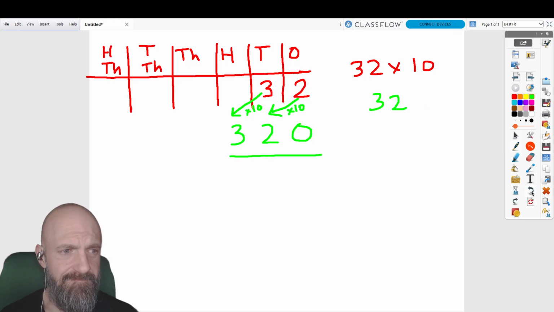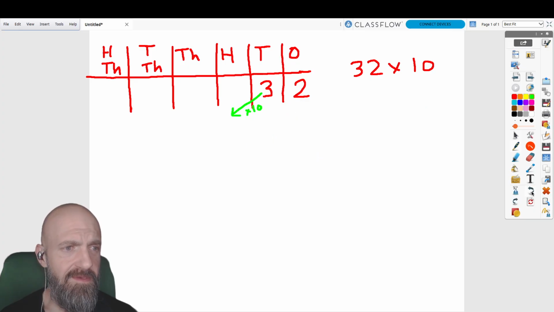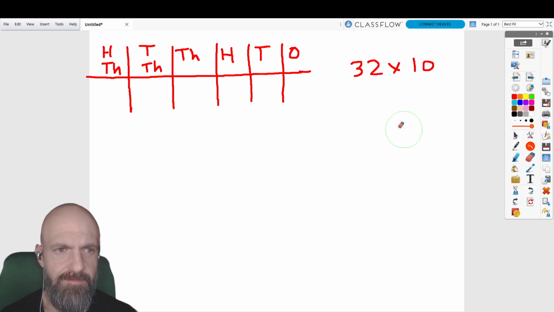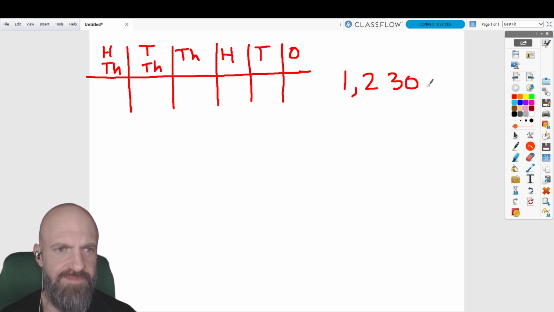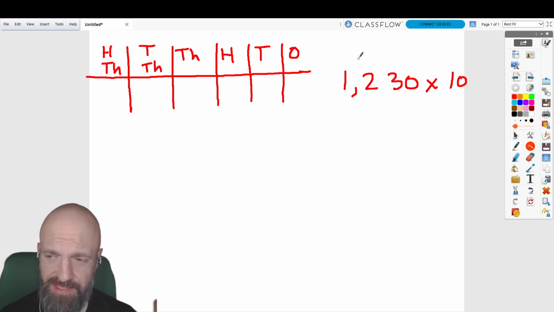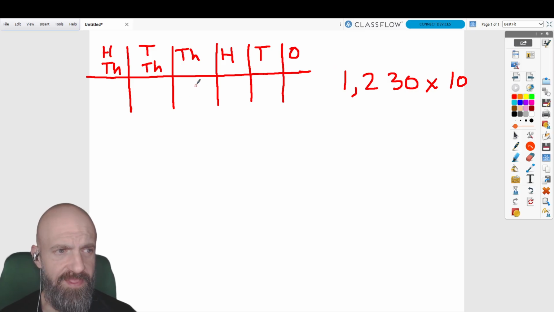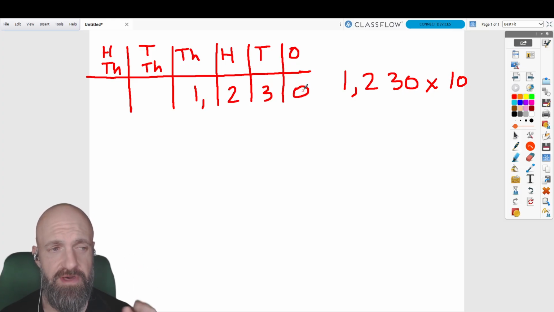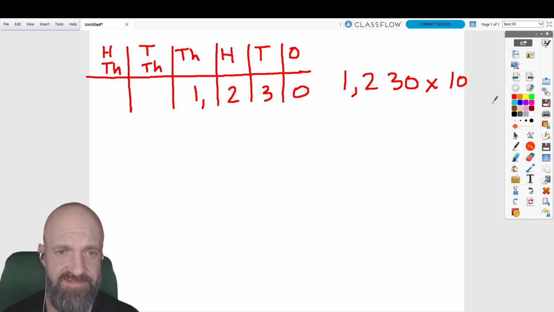Let's look at another one. Let's use a bigger number. How about 1,230 times 10? So we write the original number on the chart, 1,230. Now, times 10, again, is one jump, one shift over to the left.